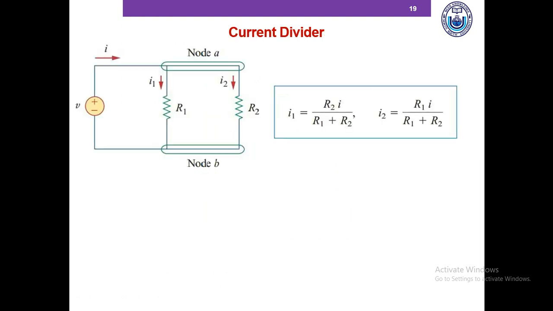Okay, now we're going to see that if two resistors are in parallel, you can determine the current of each of the branches if you know the overall current that is going into the node.